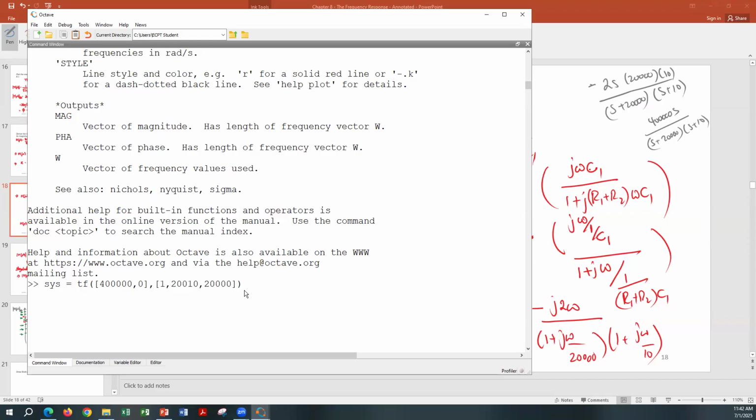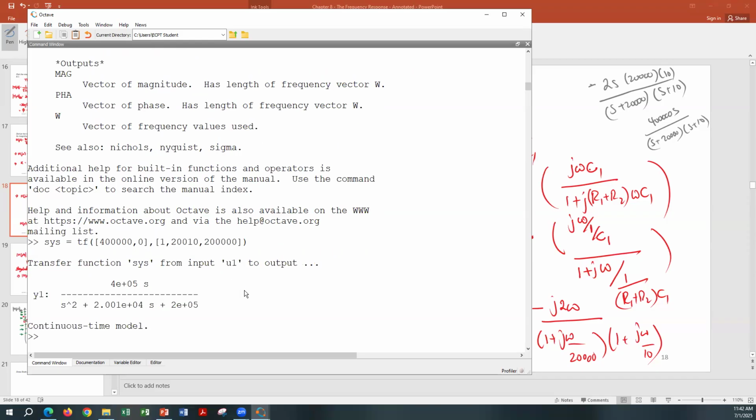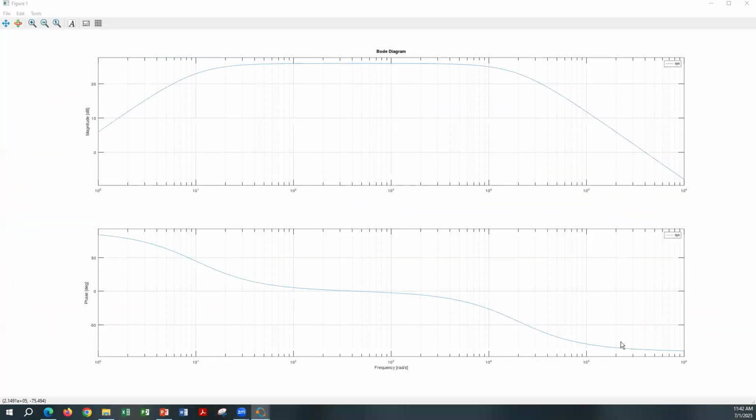All right, 200,000. Let's see if it works. I don't think I've used bode much here. So let's see, bode of system. All right, it did work actually.